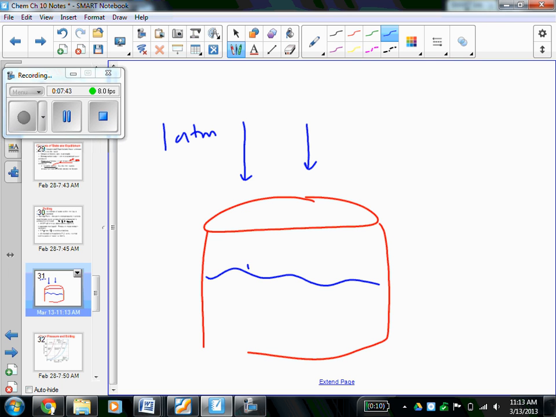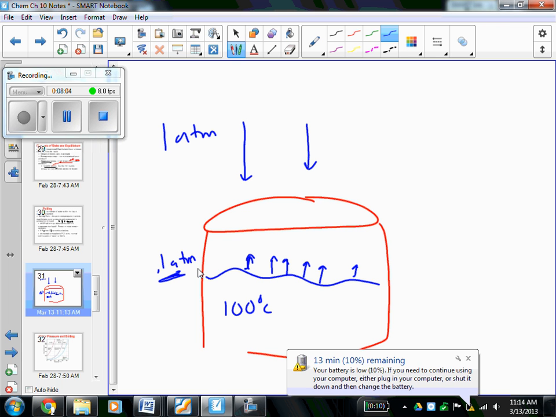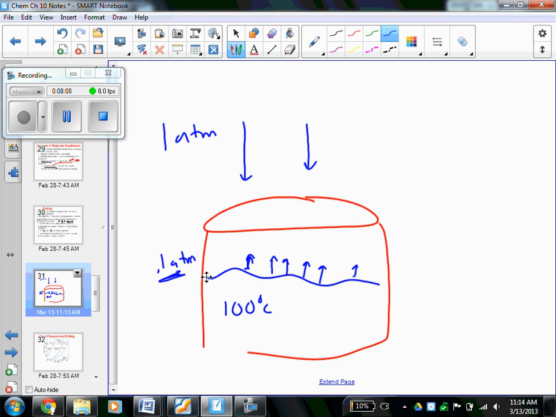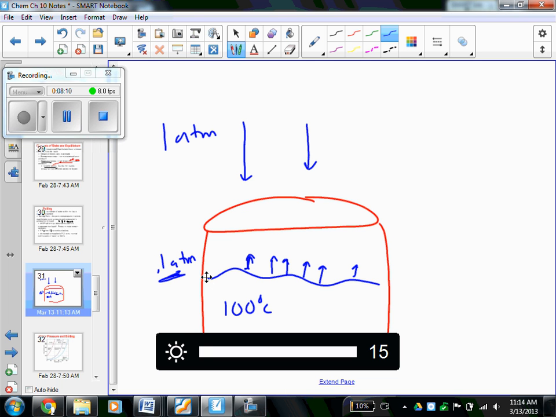But the pressure pushing up might only be 0.1 atmospheres. In other words, the vapor pressure coming up off the liquid is very, very weak. So how do I get this vapor pressure to be more? Well, I heat it up. If I heat it up and get it to 100 degrees Celsius, obviously that's the boiling point of water at standard atmospheric pressure. But I do know that at this temperature, I have a lot of particle movement.